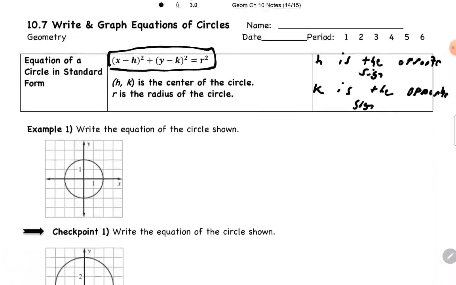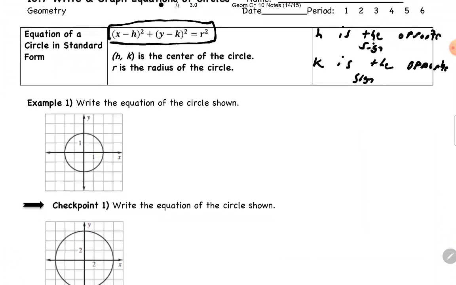Okay, write the equation of a circle. So we're doing that top equation there. All we need is the radius, and the radius is easy to find. 1, 2. So the radius is 2. And we need to know the center. The center of the circle is at 0, 0.